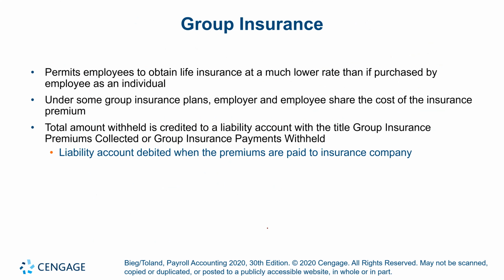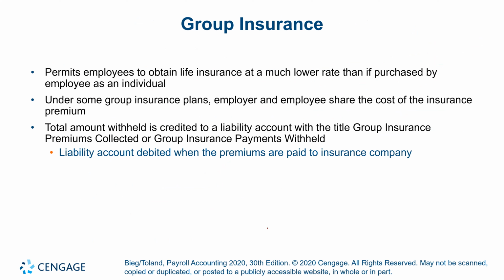So group insurance permits employees to obtain life insurance at a much lower rate than if purchased by the employee individually. And then under some plans, the employer and the employee share the cost of the insurance premium.